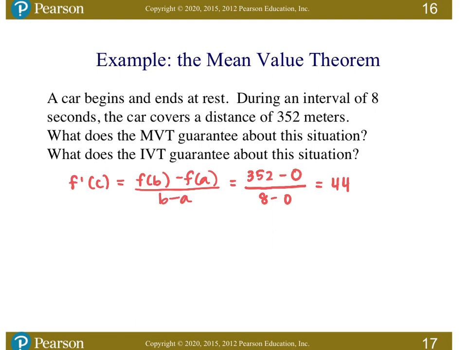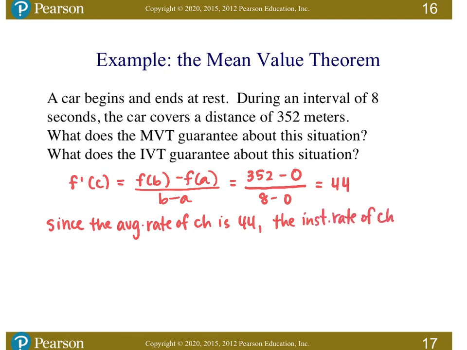So the mean value theorem guarantees that the average rate of change is 44. So since the average rate of change is 44, the instantaneous rate of change must also be 44 at least once.